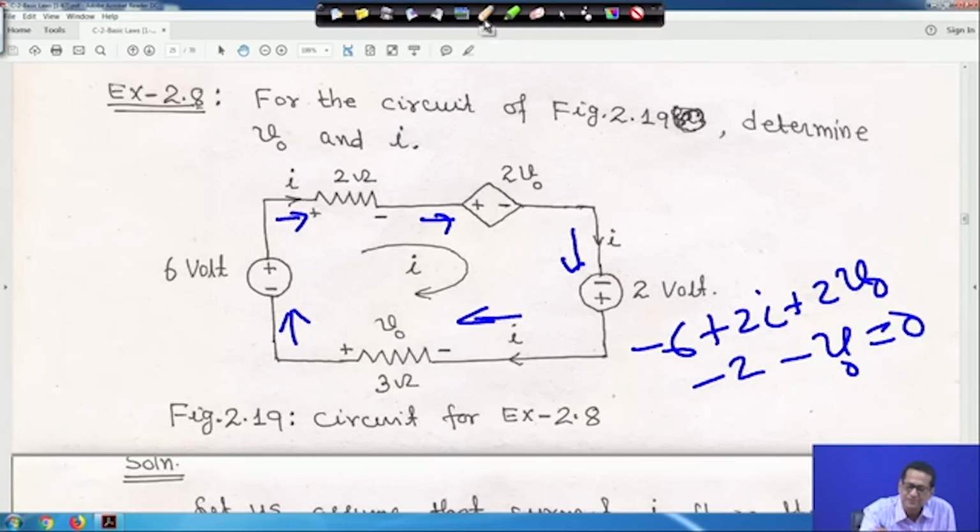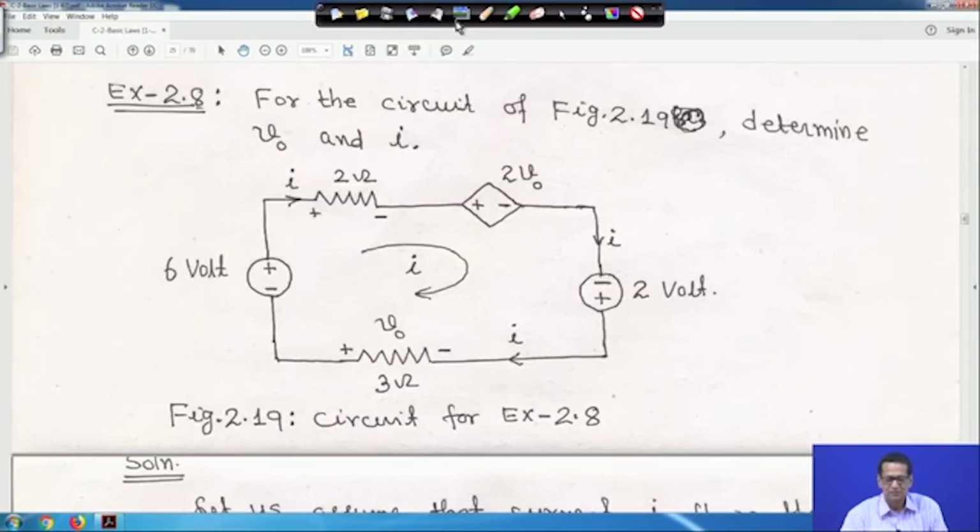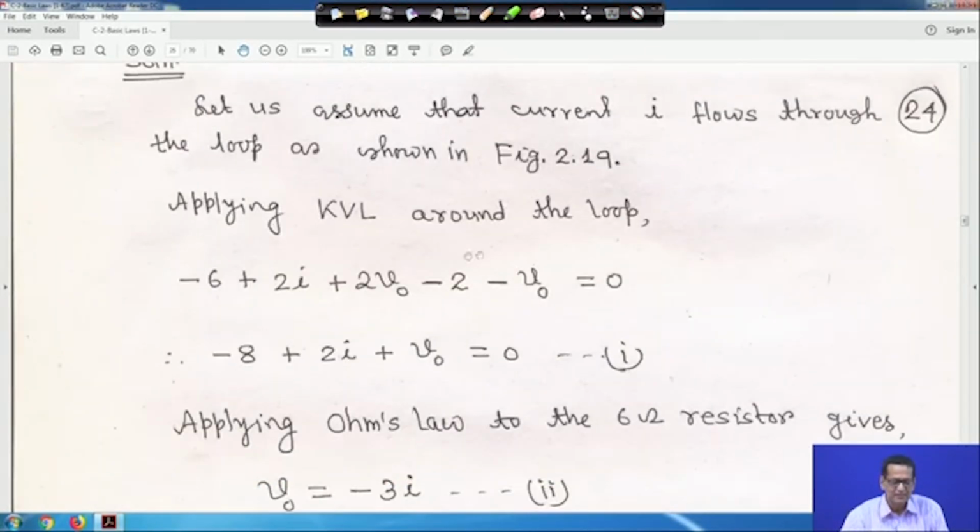Writing this equation: minus 6 plus 2 I plus 2 V 0 minus 2 minus V 0 is equal to 0, or minus 6 and minus 2, so minus 8 plus 2 I plus 2 V 0 minus V 0 is equal to 0.